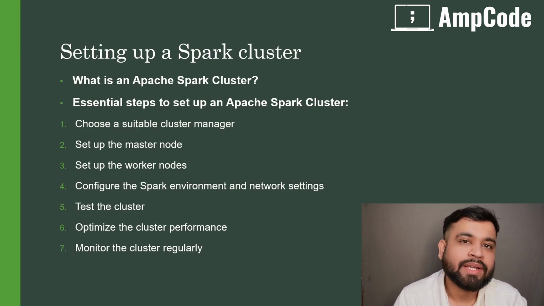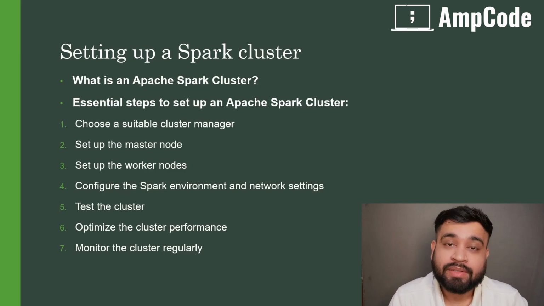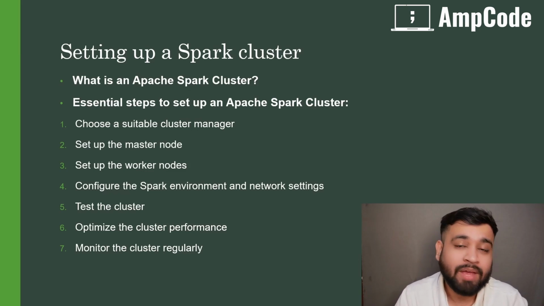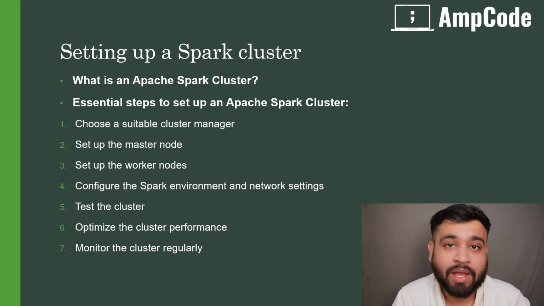This can be done in the spark-env.sh file, but you also have to set up your master URL by setting a variable in the Spark master UI so that it will know what the master node of your Apache Spark cluster is.